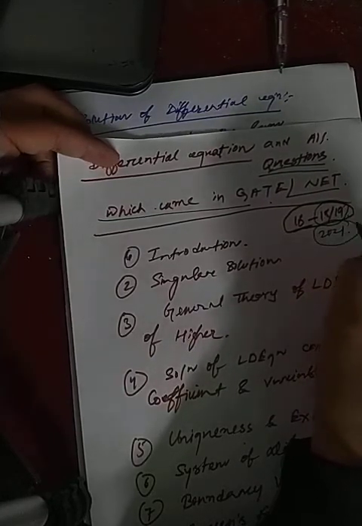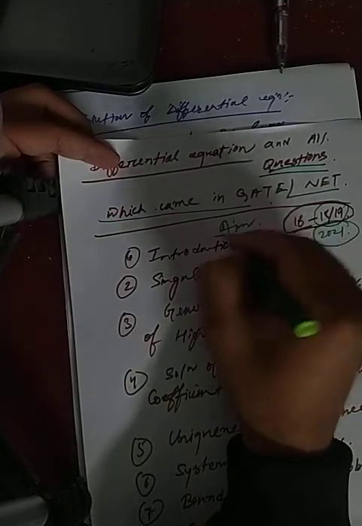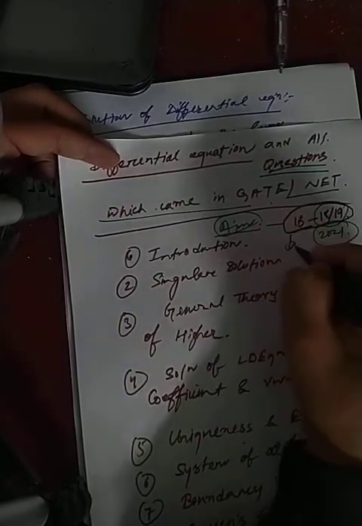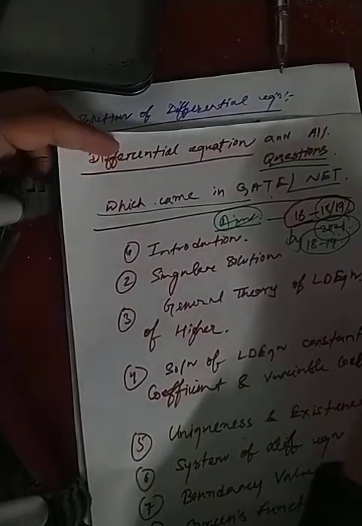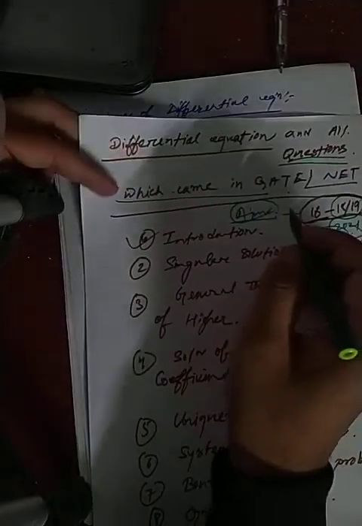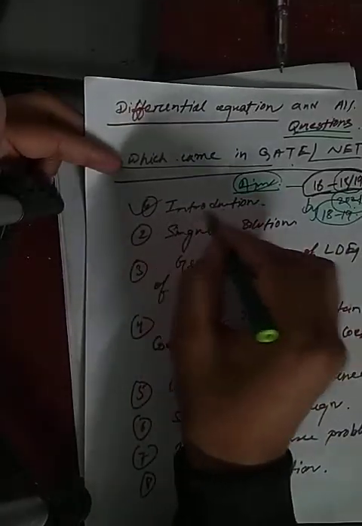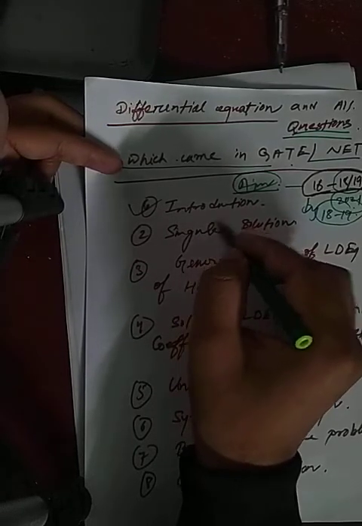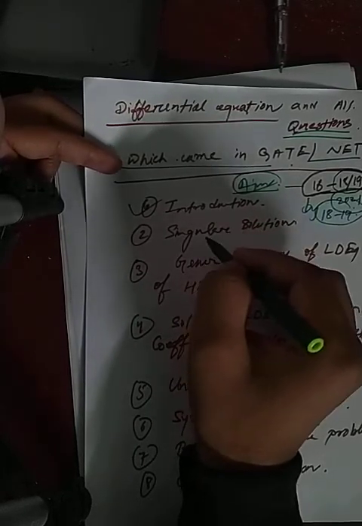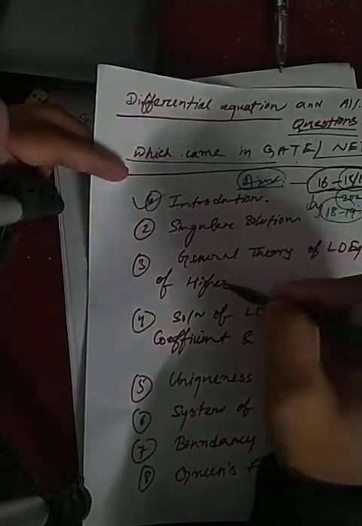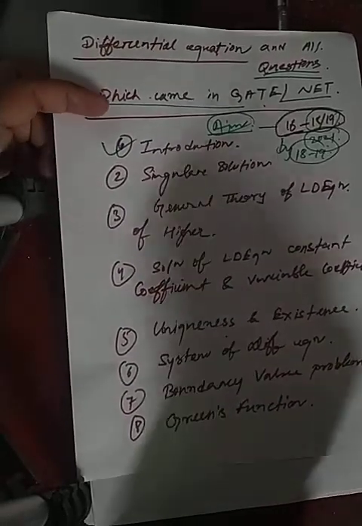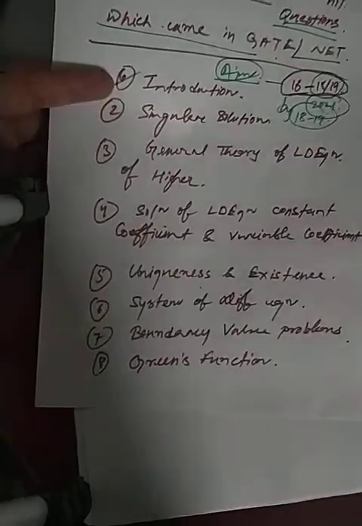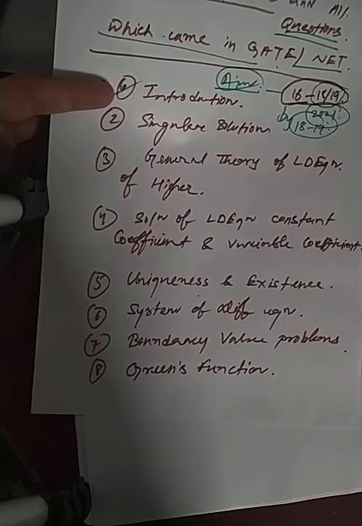We have done the introduction. Then we'll go to singular solutions, the general theory of linear differential equations of higher order, and so on. There are 7 topics, as you can see. So that's all for today, the second one.